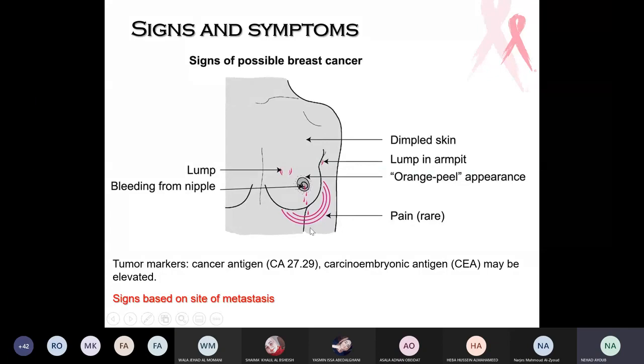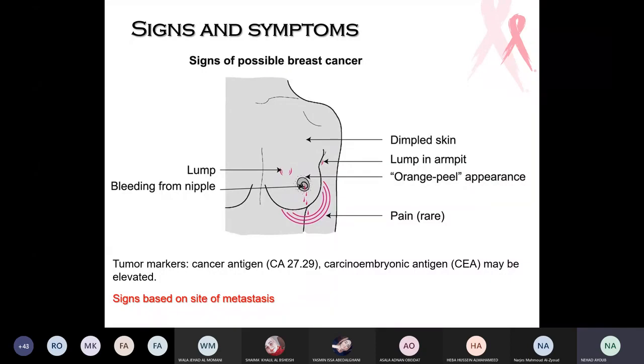So the characteristic findings are usually present or limited to the breast area. Now, sometimes if the neoplastic tissue or the disease has spread to distant tissues, okay, and we will talk about metastasis, some symptoms might be because of the metastatic involvement.